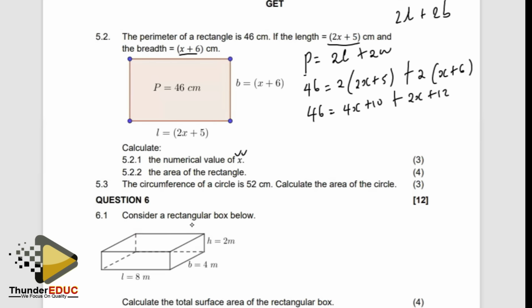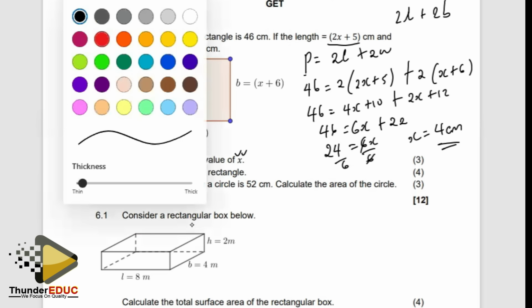So which means I'll have 6x plus 22 is equal to 46. I need to move the 22 that side, which will give me 24 is equal to 6x. Divide by 6, which means x is going to be 4 centimeters.